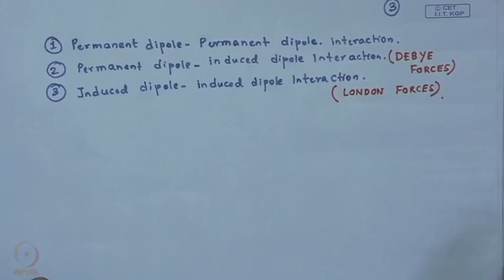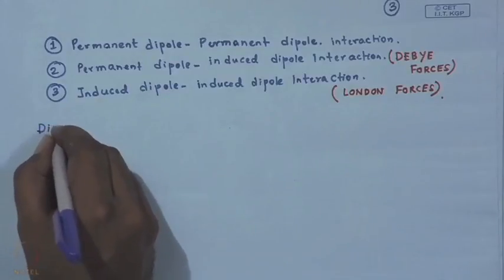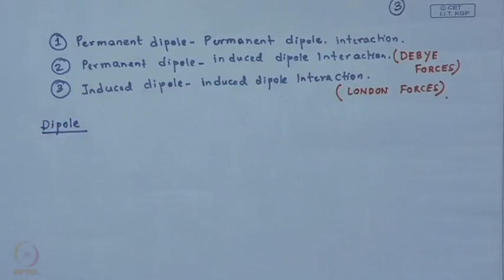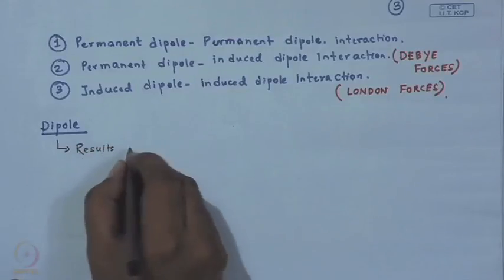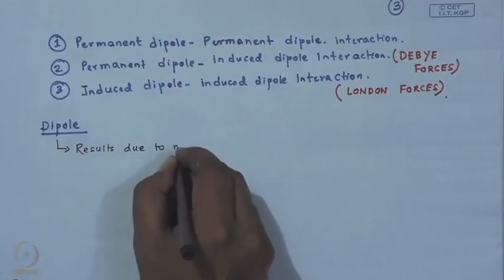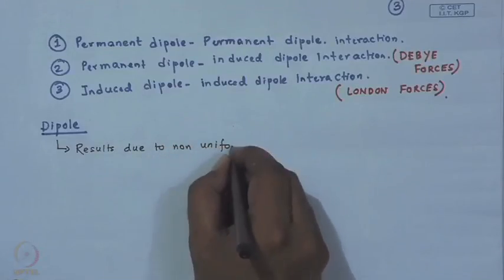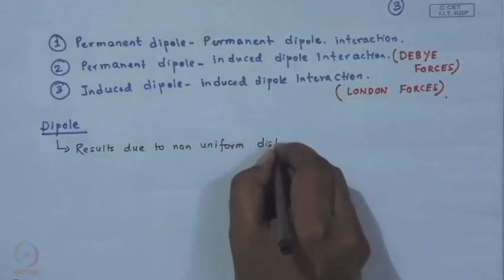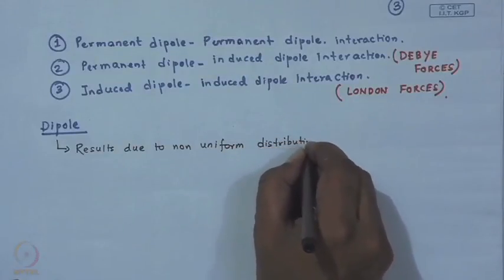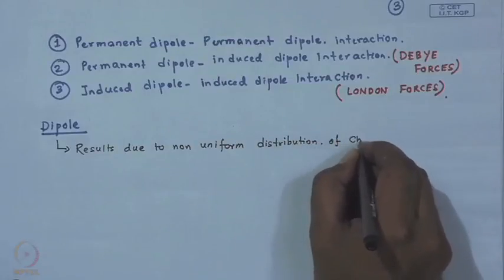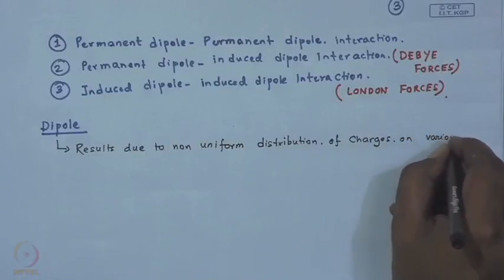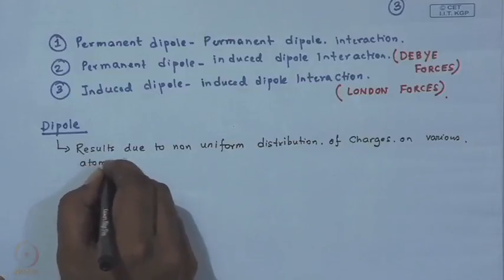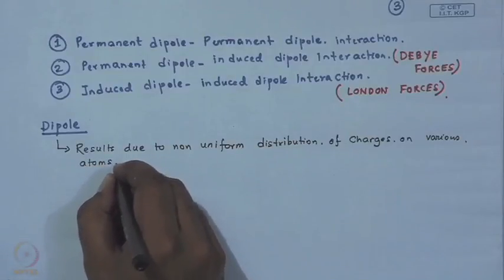I guess all of you understand what a dipole is. It results from non-uniform distribution of charges on various atoms in a molecule.